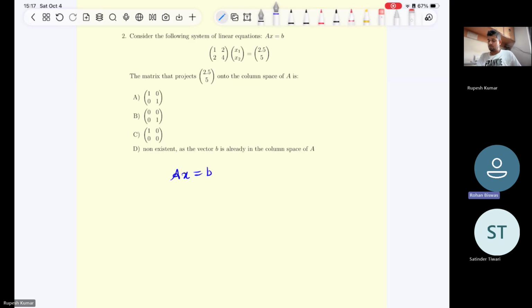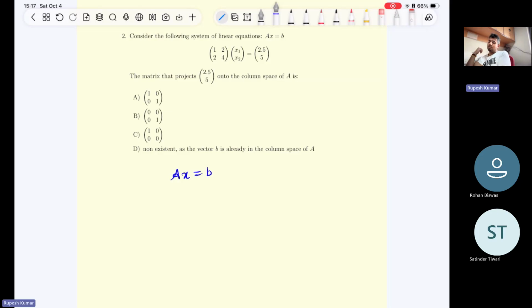The identity matrix is indeed a projection matrix, and it is projecting it to the very same space where it already is. So what is wrong here? I'm confusing between A and D. To me, both options are true for this particular question. Is it the case? Acha, acha.